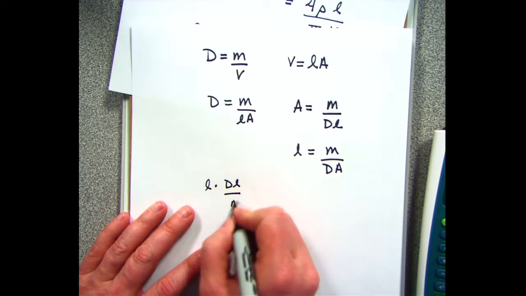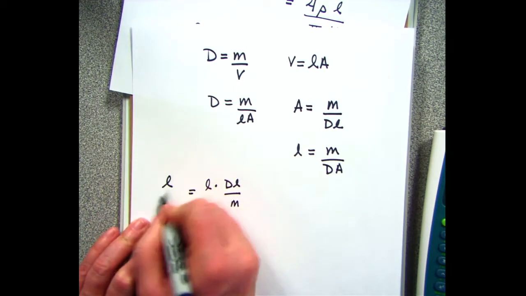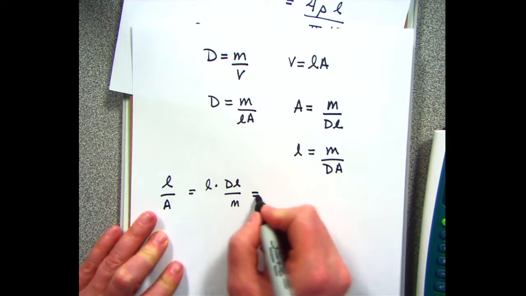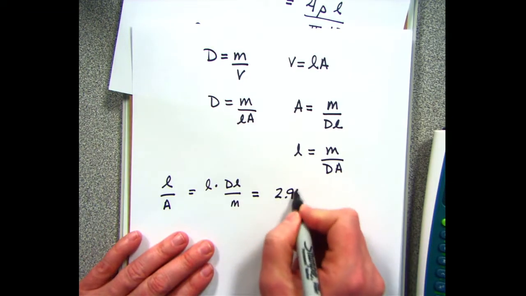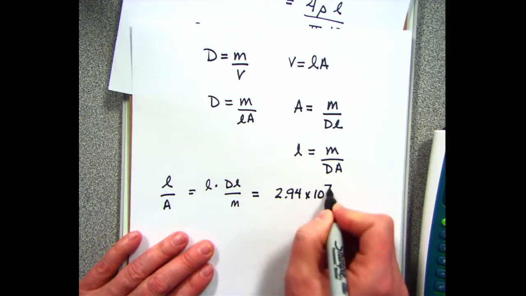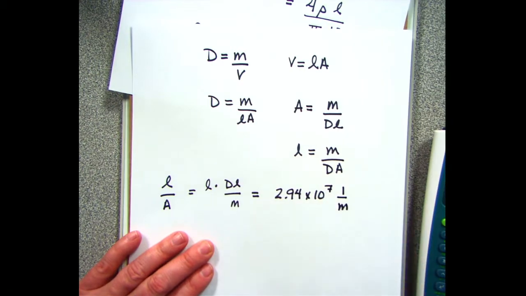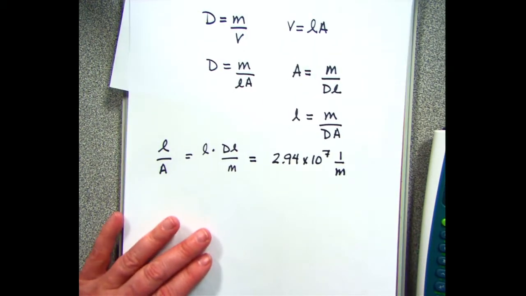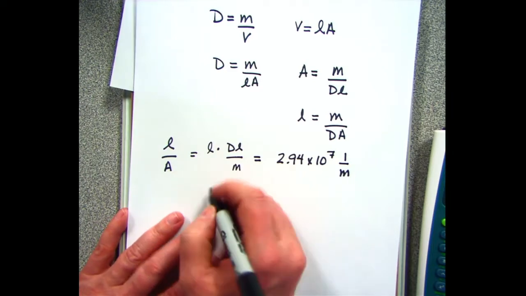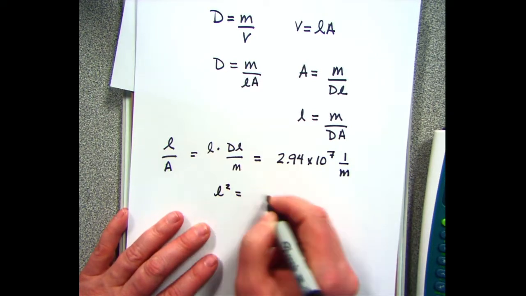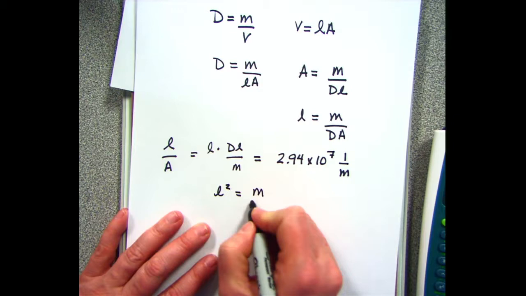This gives me L squared is equal to the mass divided by density times 2.94 times 10 to the 7th. And we were given 1 gram, so it's 0.001 kilograms.